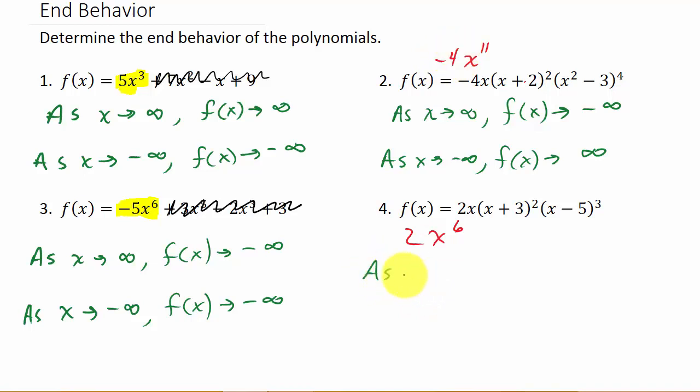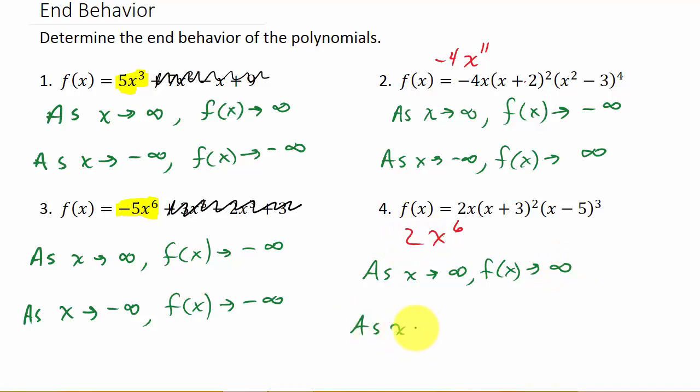All right, so as x goes to infinity, f of x goes to what? Well, if I'm raising a positive number to an even power, that gives me positive, and a positive times positive 2 is positive, so that would be going to positive infinity.